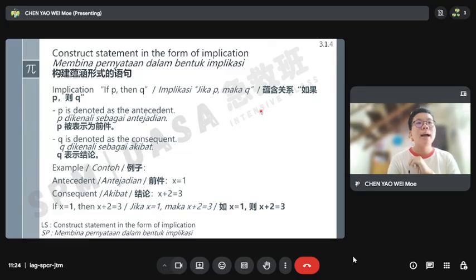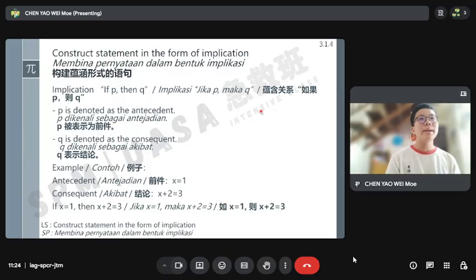For example, the antecedent is x equals 1. If x equals 1, then the consequent is x plus 2 is 3. If I eat my lunch today, then I need to eat my dinner at night. If I sleep early, then I can wake up early. That is a statement in the form of an implication.